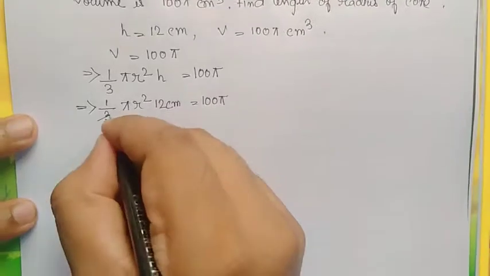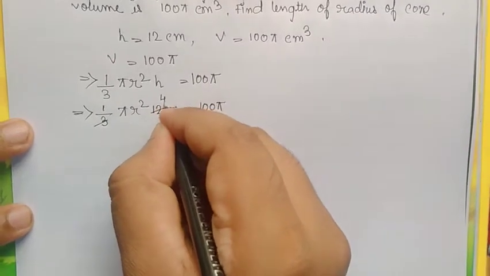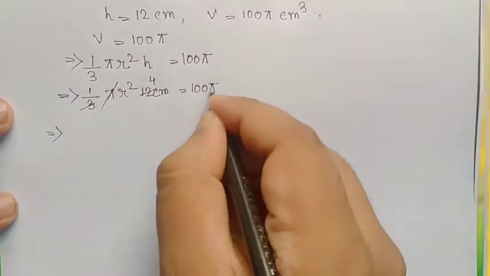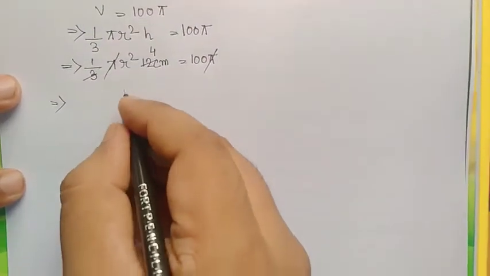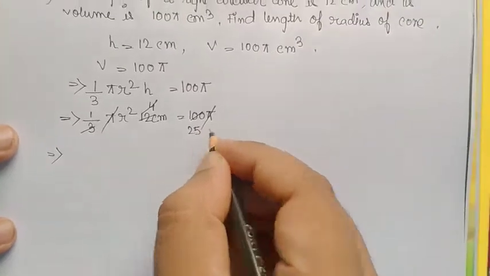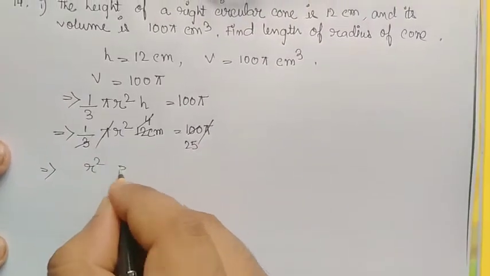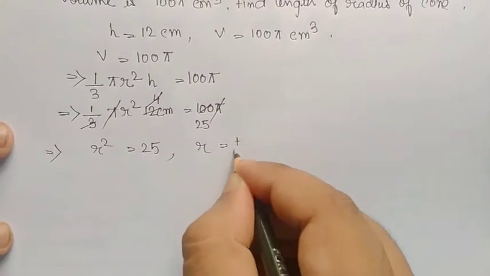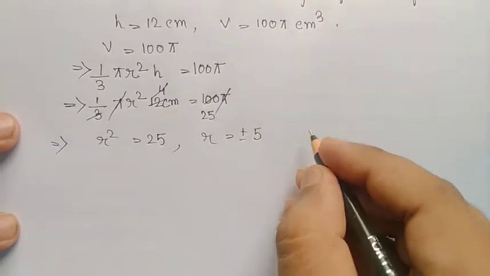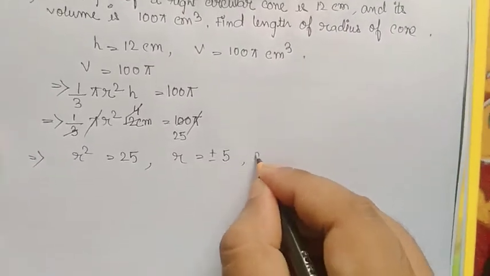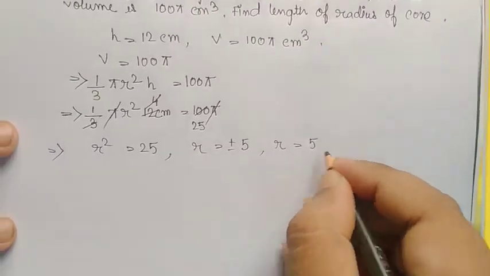So therefore, first 3 into 12 is 4, and dividing by 400, this should be 25. So r square equal to 25, or radius equal to plus minus 5. Minus 5 is not possible because radius cannot be negative. So therefore radius equal to 5 centimeter.